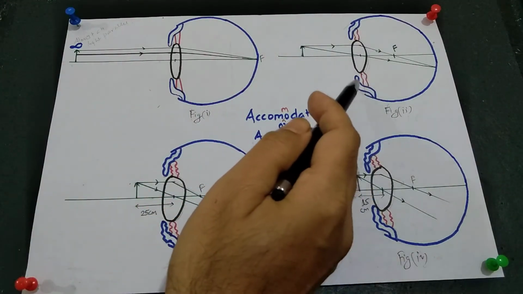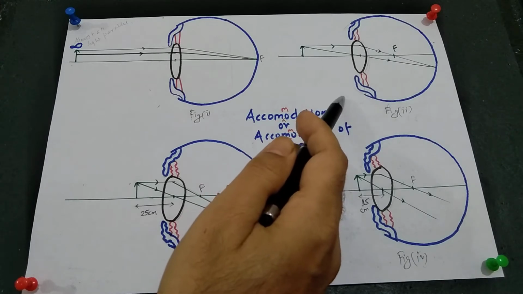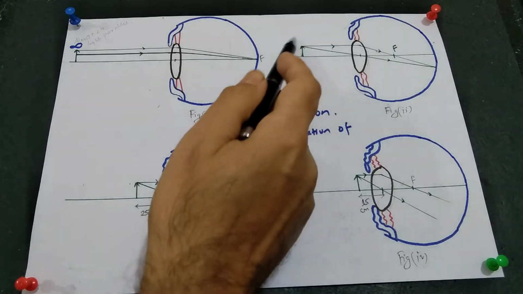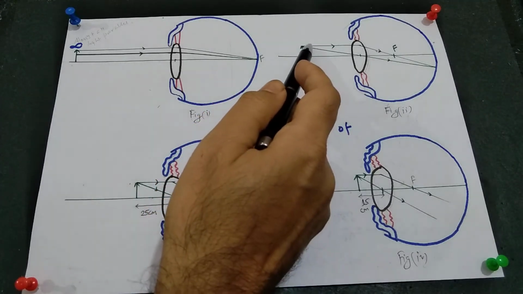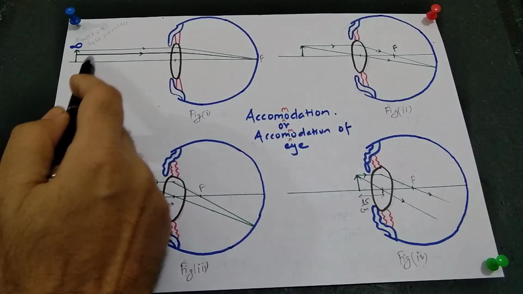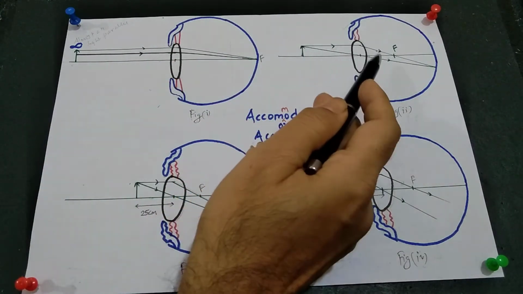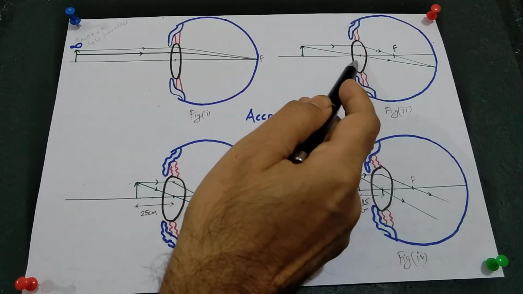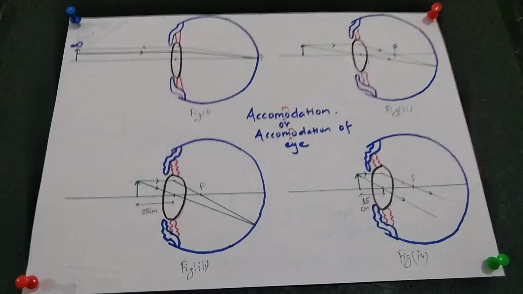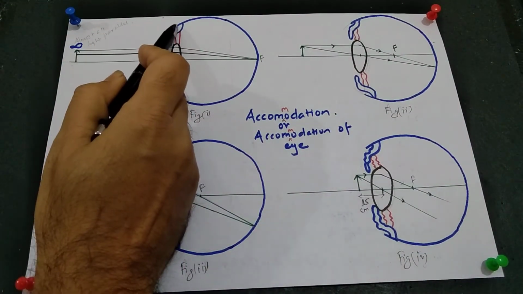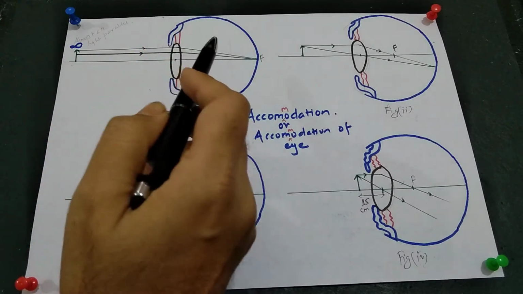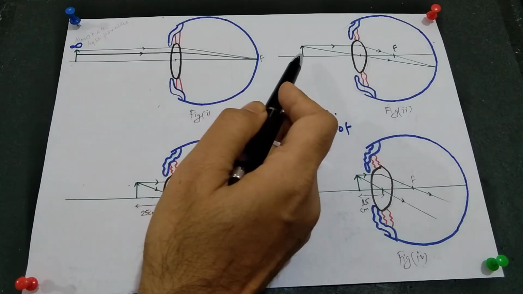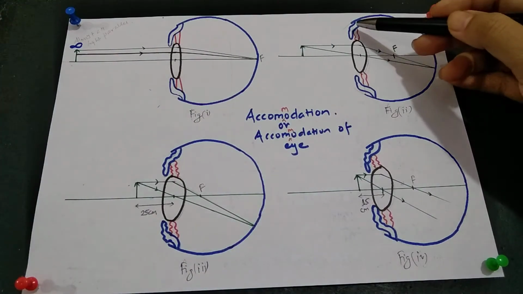Now let us look at figure number 2. This particular object lying at infinity has now arrived at some distance nearer to the lens. This structure is the lens of the eye. See here, the ciliary muscle looks smooth, but as the object approaches, I mean to say nearer to the eye, the ciliary muscle has shrunk a bit.